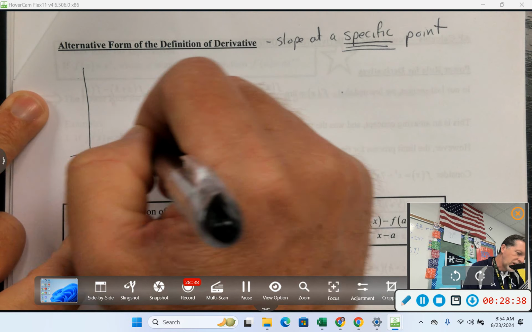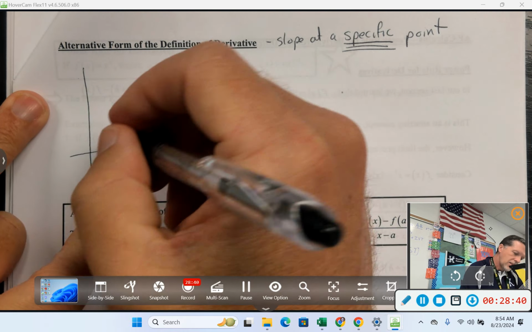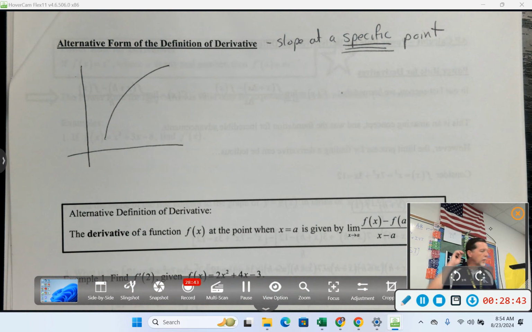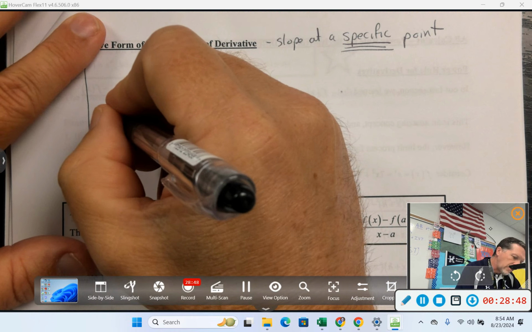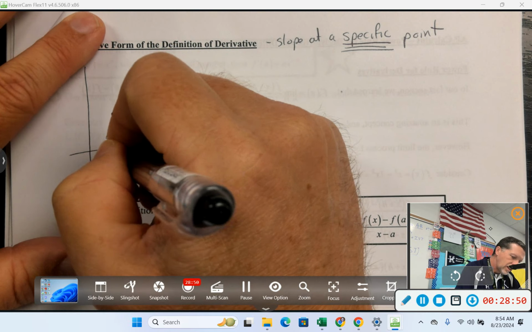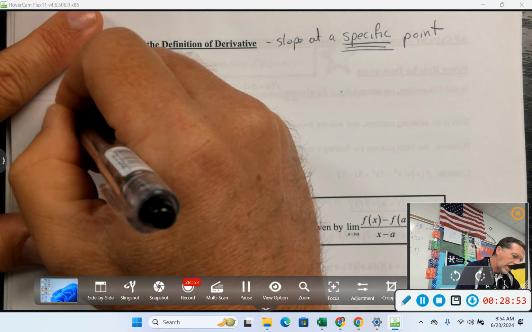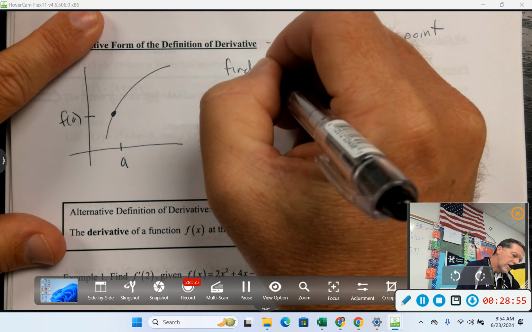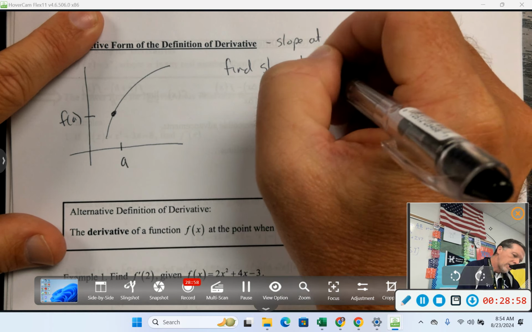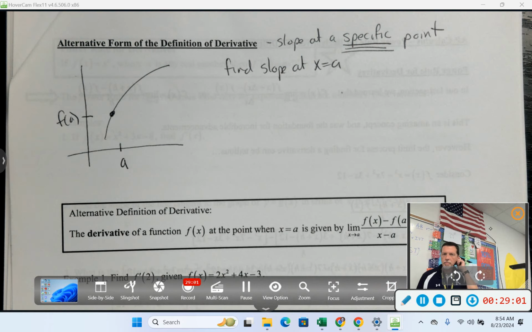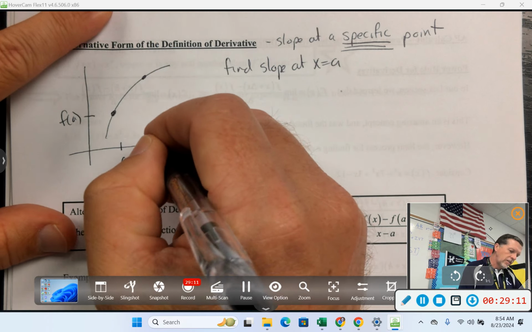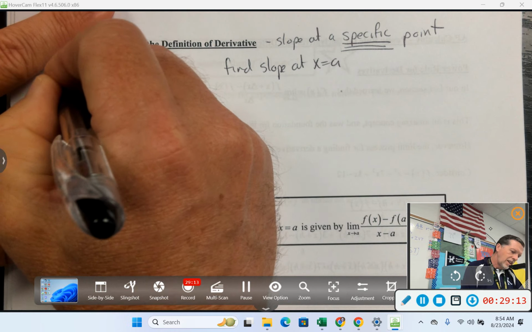Let's kind of start with the same thing here. And let's say I want to find the slope at A. Let's find the slope at x equals A. It's a similar process to the last one, but instead of using h, we'll just say somewhere over here is x, and f of x.